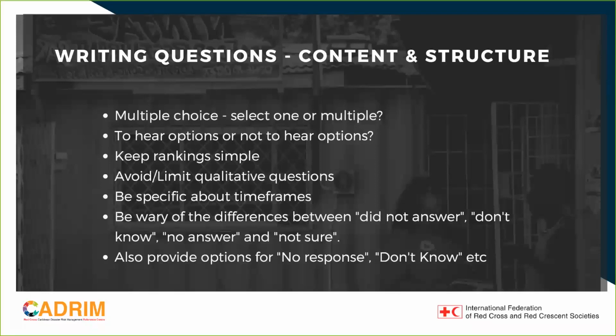Sometimes it's better to use a 5-point scale, from strongly disagree to strongly agree, with a neutral in between, just so that it, one, does not present confusion for the respondents, and two, it allows your data analysis some simplicity in terms of the conduct of that analysis.